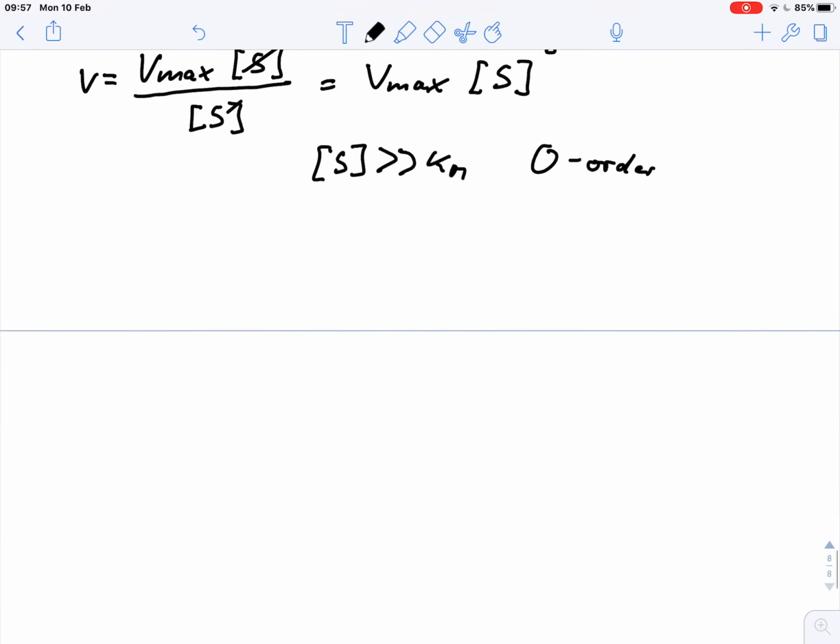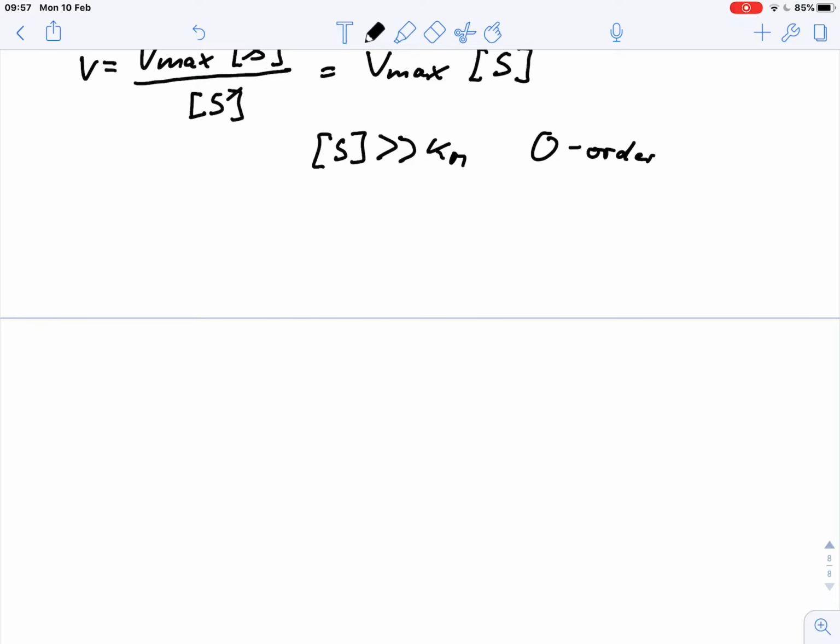Now what happens if we are very small with S? So S is much, much smaller than Km. For example, S is 1/10 of Km. We can calculate what our rate is.